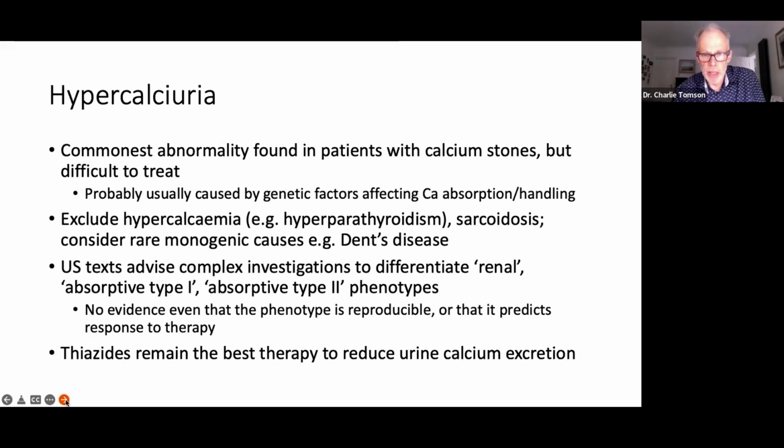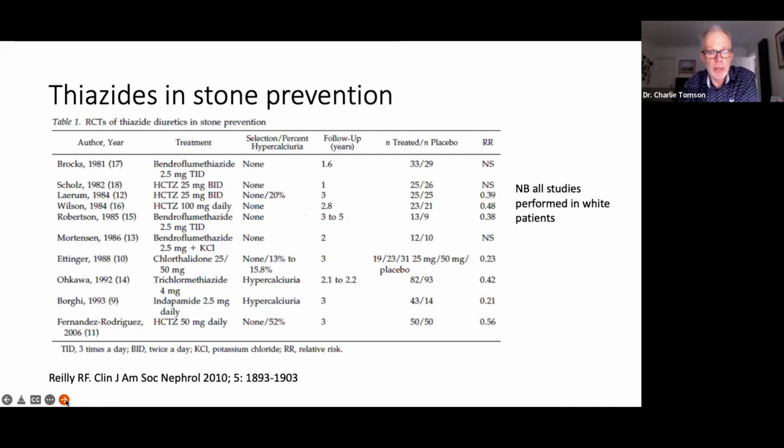Thiazide diuretics remain the best therapy to reduce urine calcium excretion and are the bedrock of therapy. This is a recent, and I think the most recent available meta-analysis of thiazides in stone prevention.